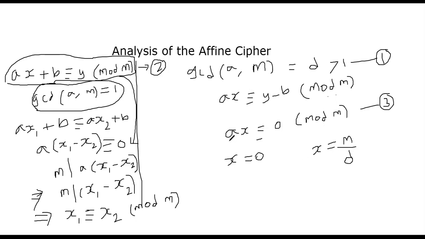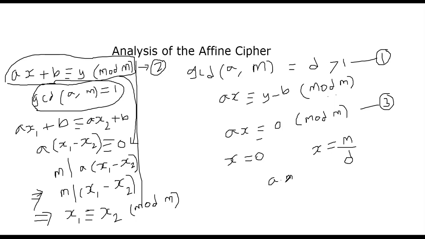We can put it back into equation number 3. a is a multiple of d, that's the reason why GCD of a, m is d, so d and d will cancel out. What you will have on the left-hand side is some multiple of m, which means you found two solutions. This is one solution, and this is another. Let me clarify the second solution. If you put x equal to m by d in equation number 3, you have a times m by d.